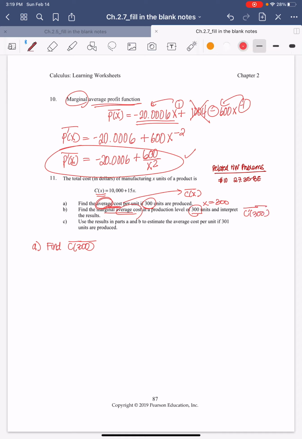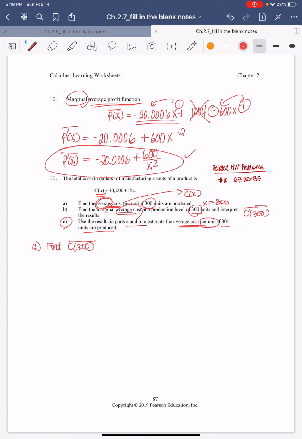Again, similar to what we did with 1 through 10, you just look for the keywords and substitute them into an equation. And finally, part C is asking to use parts A and B to estimate the average cost per unit if 301 units are produced. So let's begin with part A.